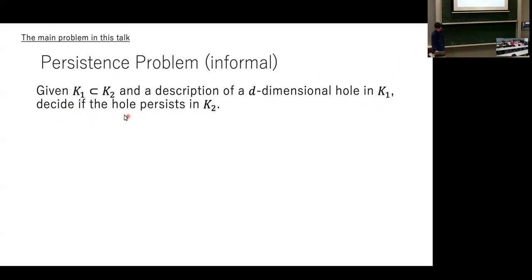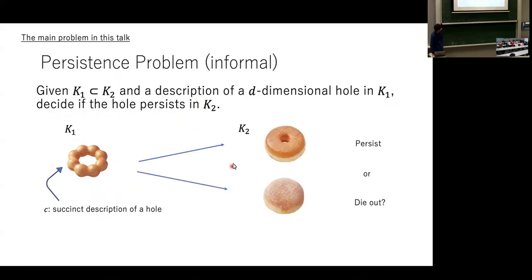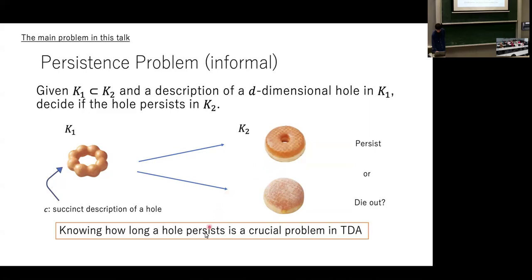The task is to decide if the given hole persists in K2 or disappears. As I said, knowing if a hole persists in this filtration or dies out is a very practically motivated problem in topological data analysis for discriminating noisy holes and important holes.